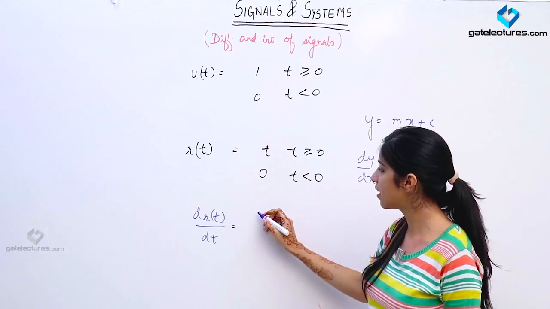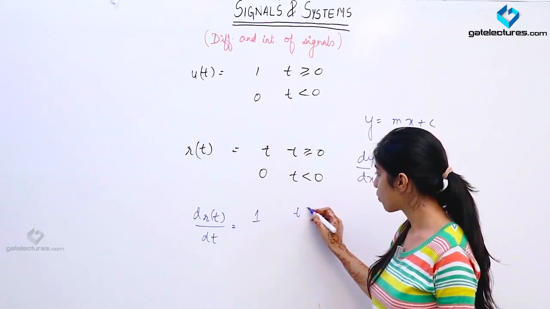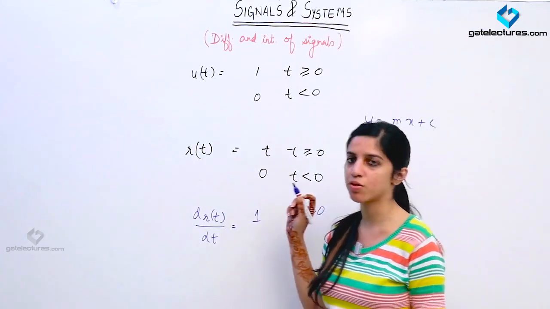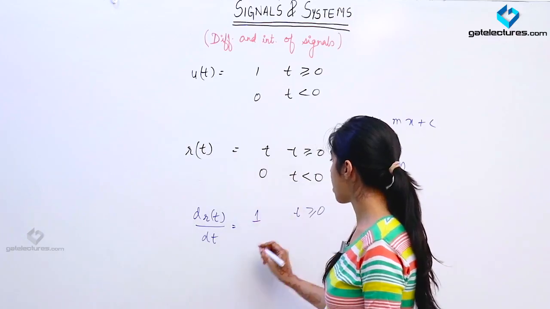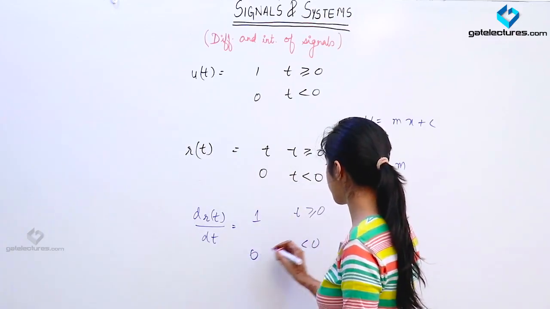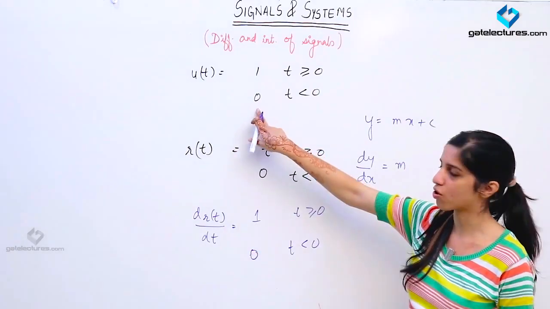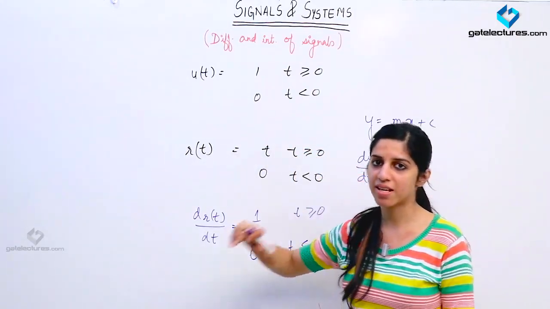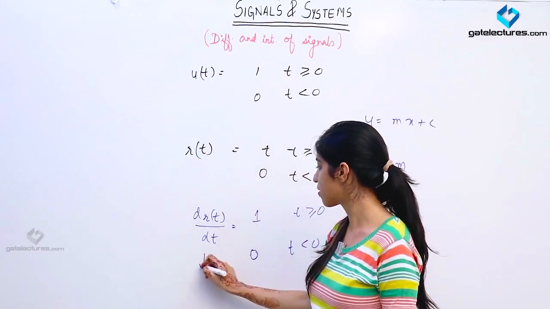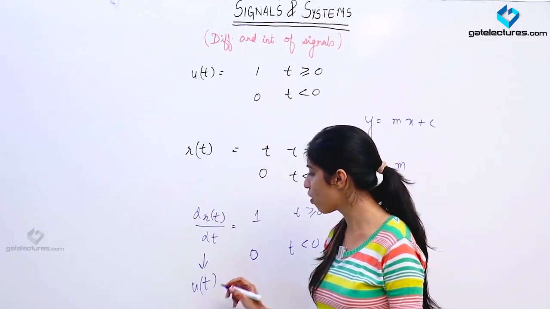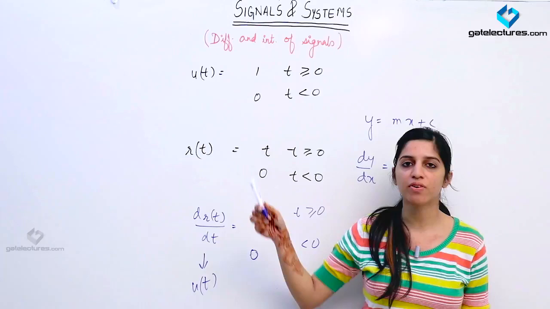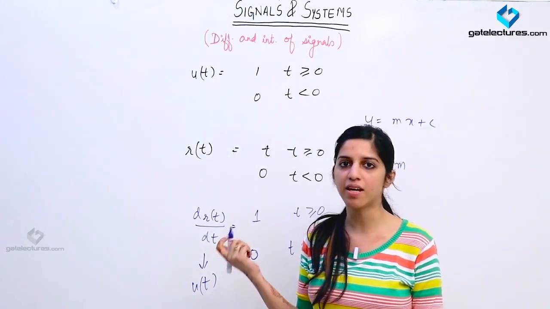When you are differentiating t, you are going to obtain 1 for all values of t greater than or equal to 0, and it was already 0 for values of t less than 0, so this is going to remain as it is. See, this definition matches exactly with the definition of u(t). That is why we are saying that this u(t) function is differentiation of ramp function. Unit step function can be obtained by differentiating a ramp function.